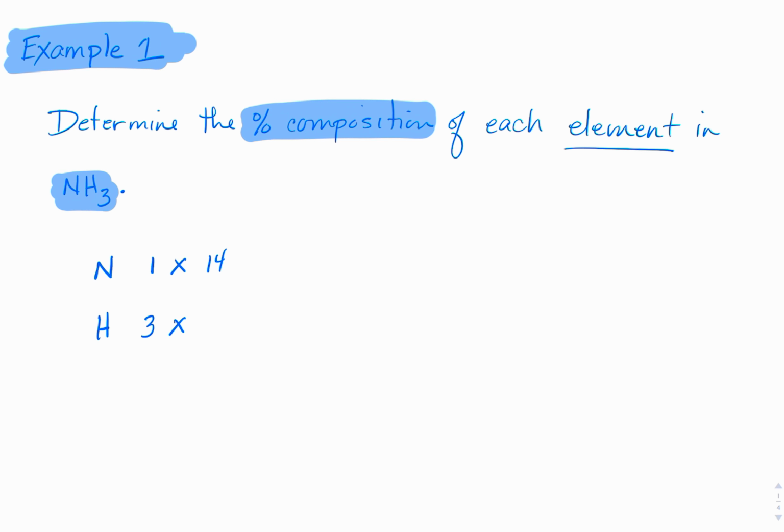So for nitrogen, that's 14.01, and for hydrogen, 1.01. And then sum up the total of each. So for all of the nitrogens, which there's only 1, is 14.01 AMUs, and for all the hydrogens is 3.03 AMUs. And then you sum that all together. That ends up being 17.04 AMUs.